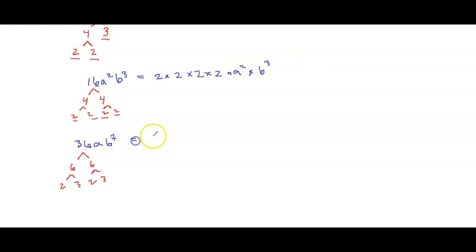So then 36 can be factored to 2 times 2 times 3 times 3. And I'm writing this in order of these values just for simplicity. Times a times b to the seventh.